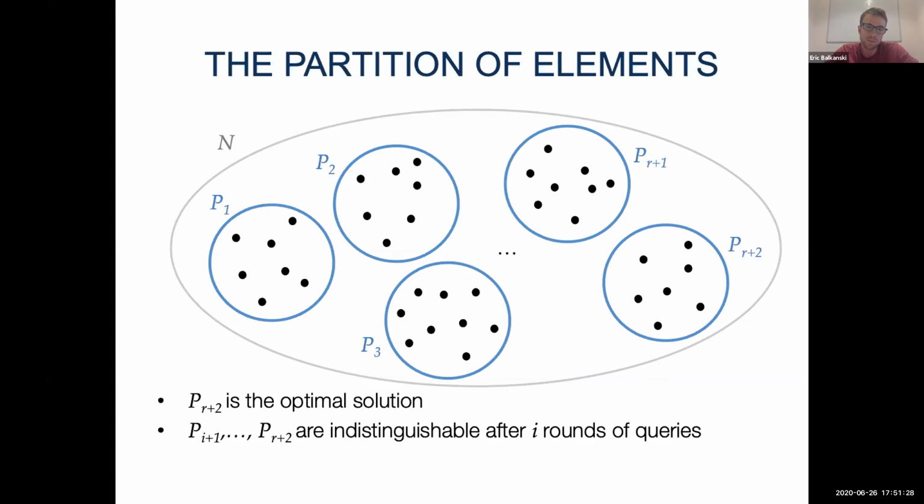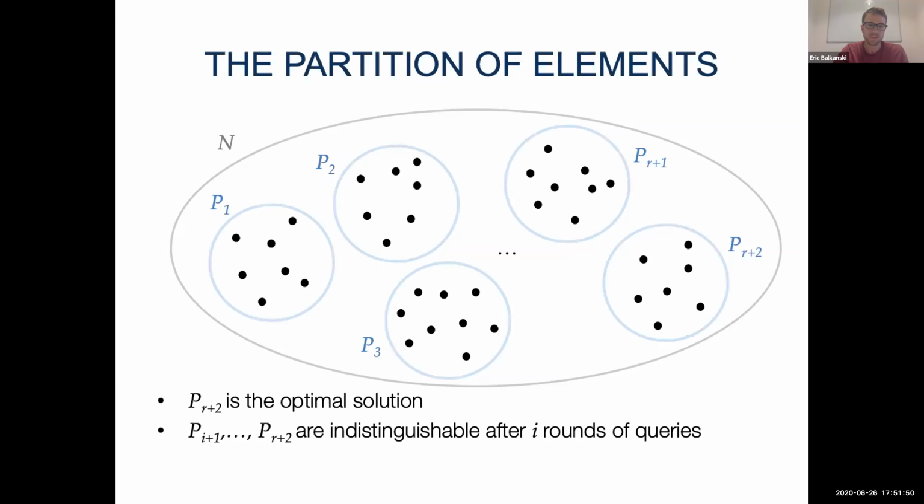So we want a function that depends on R+2 different parts, such that the set P_{R+2} is the optimal solution. We also want it such that after i rounds of queries by the algorithm, the sets P_{i+1} through P_{R+2} are all indistinguishable to the algorithm.